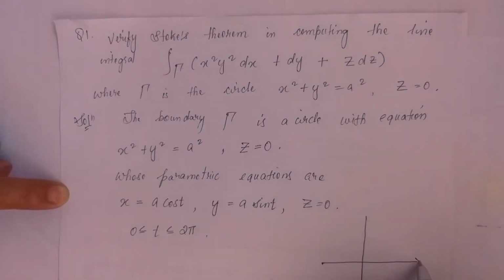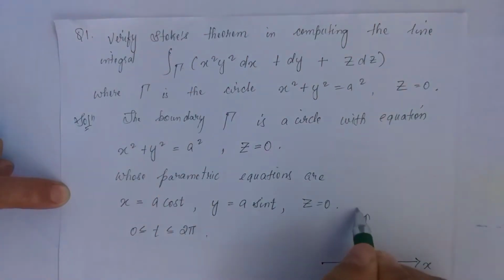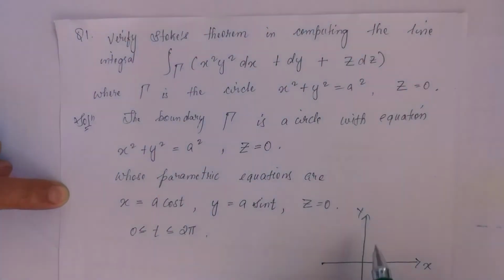If we draw the xy plane, and if we draw a circle on the xy plane whose center is at origin O and whose radius is equal to a, then this is our rho.